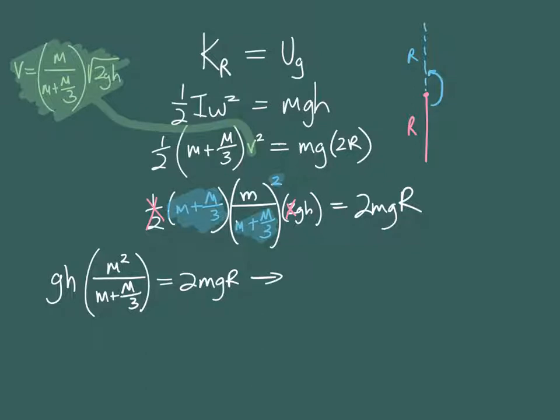gr. That means my h, we just kind of cut to the chase, 3m plus m over 3m times 2r.